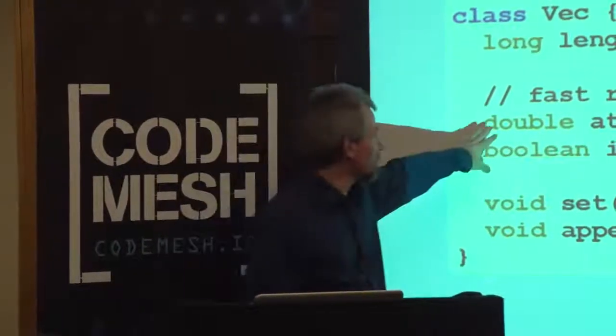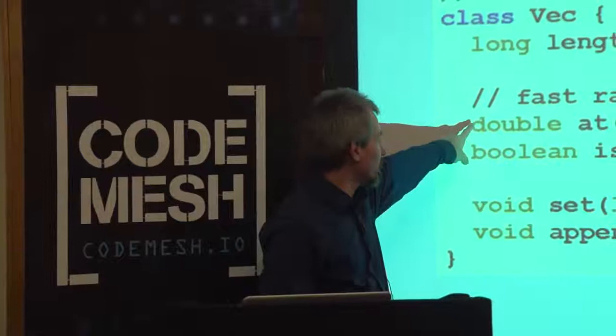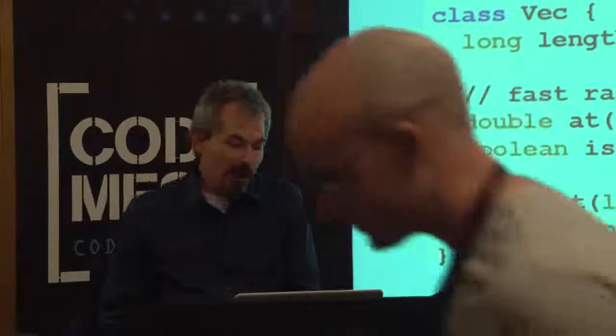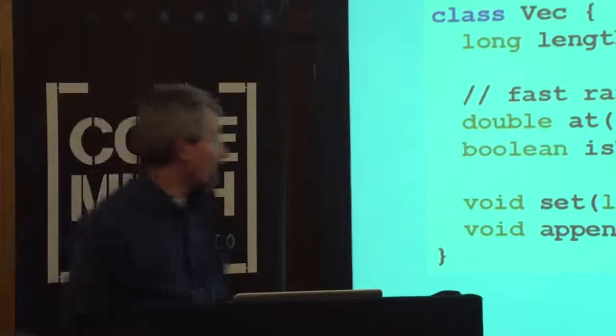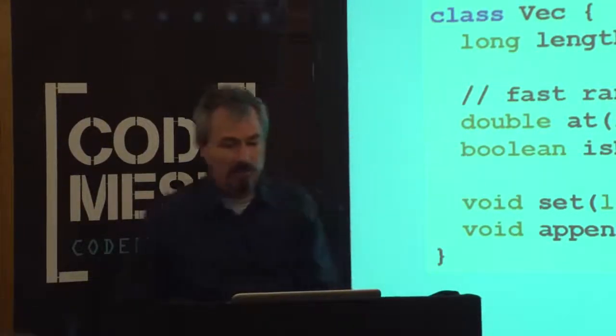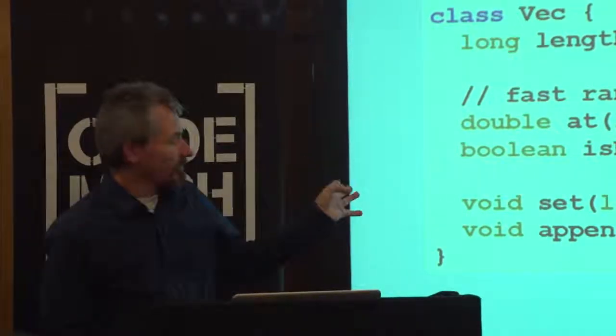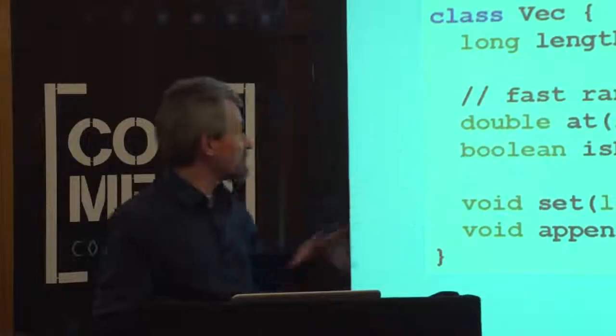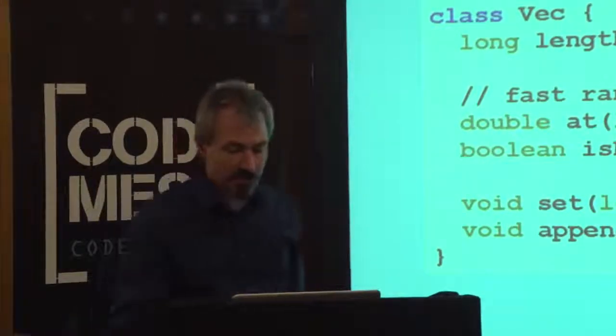I'll talk more about this as we go, but it's crucial that the at and the set operators effectively run at the memory bandwidth speeds, as fast as you possibly get the hardware to go. Because we're doing math, we have the notion of the missing element, which the math algorithms have long had to deal with. And then we're not talking about fixed size arrays. These are variable size. You can add and remove elements and do things with them.